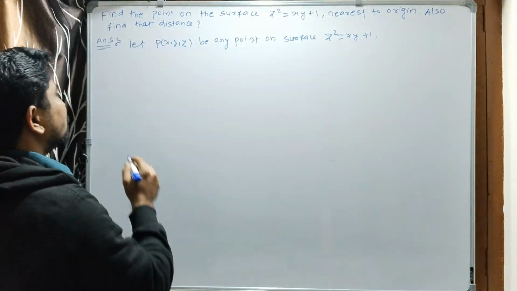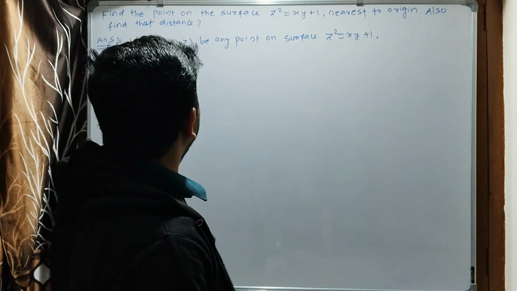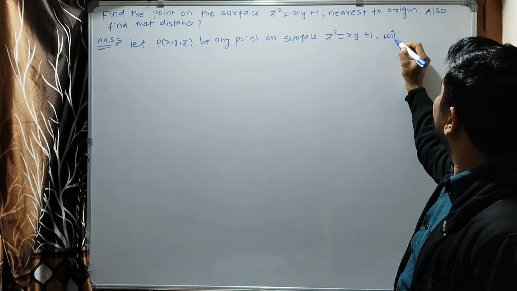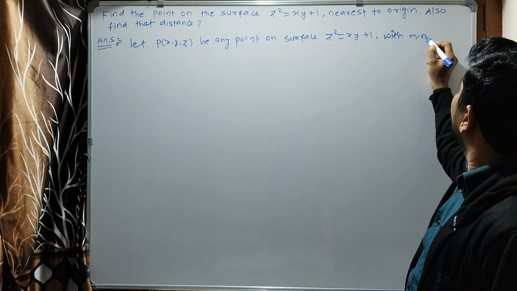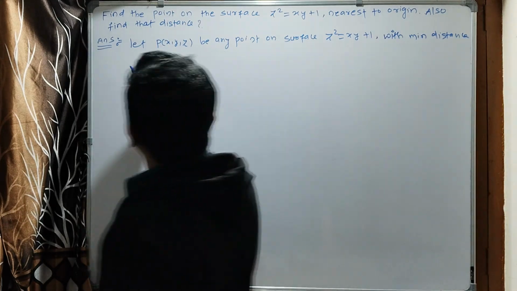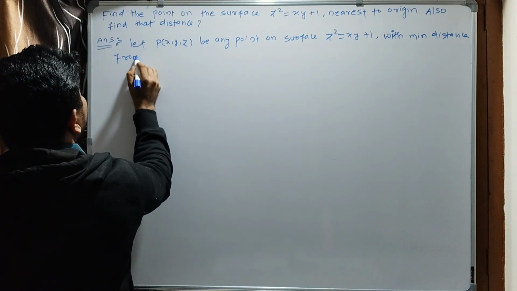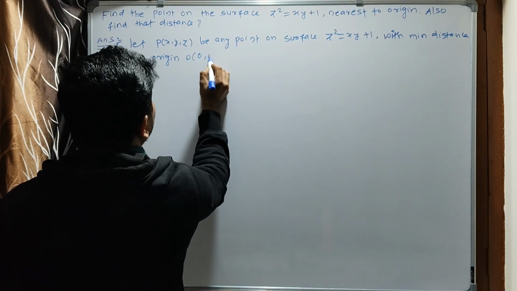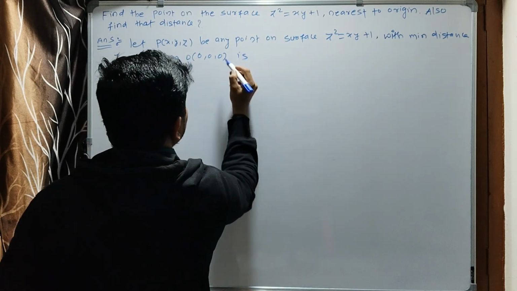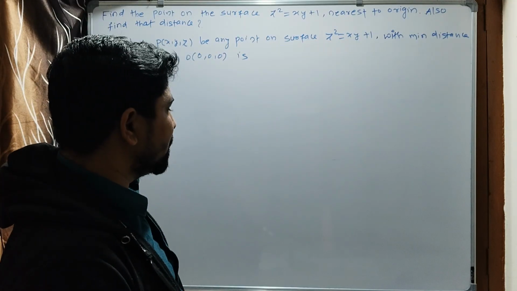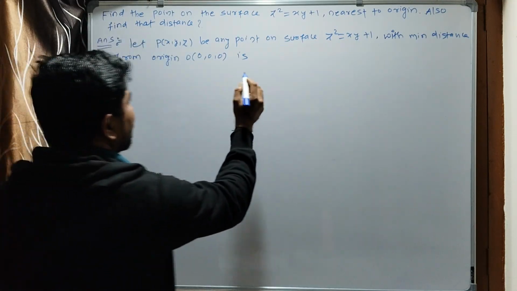Let P of x, y, z be the point on the surface with minimum distance from the origin O, 0 comma 0 comma 0.